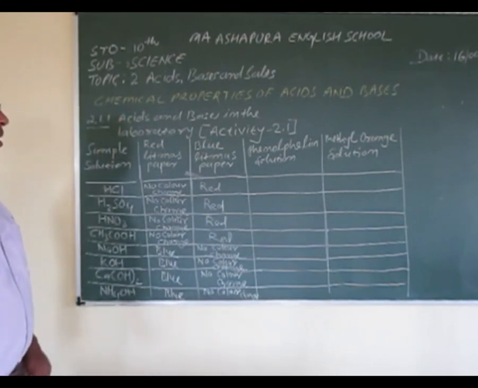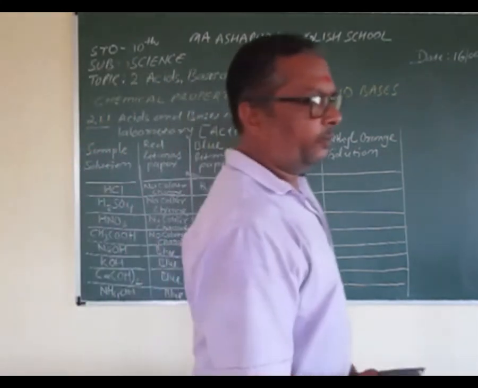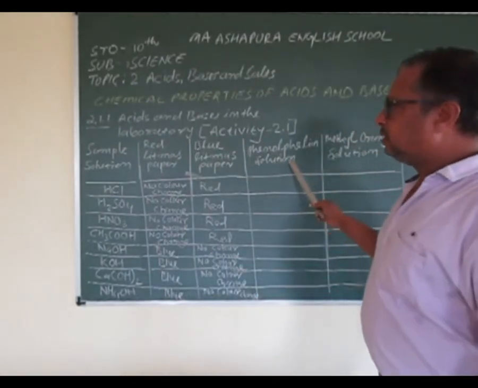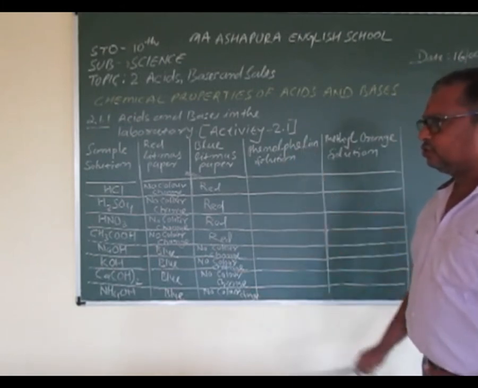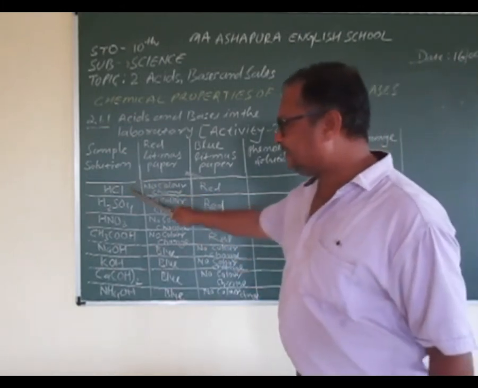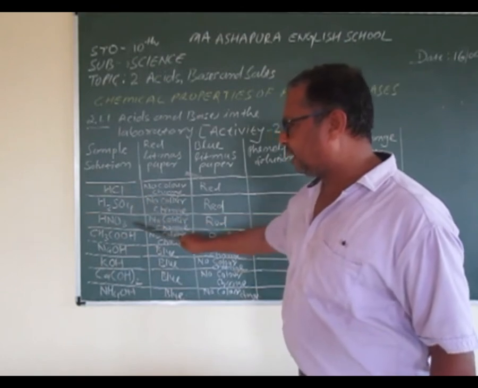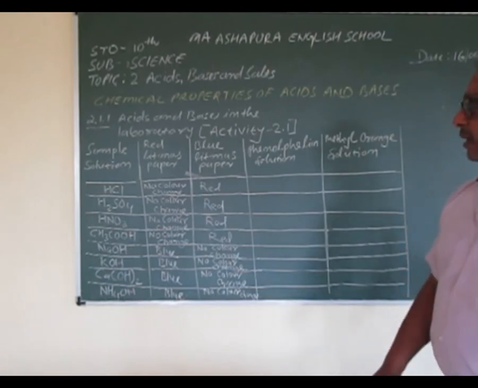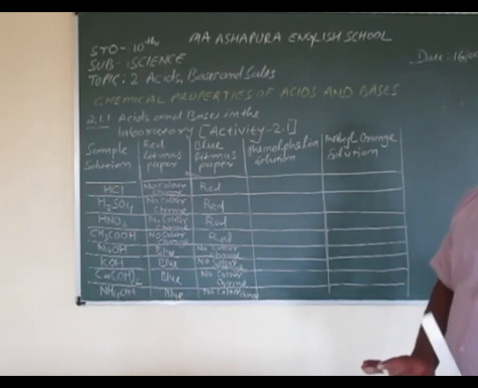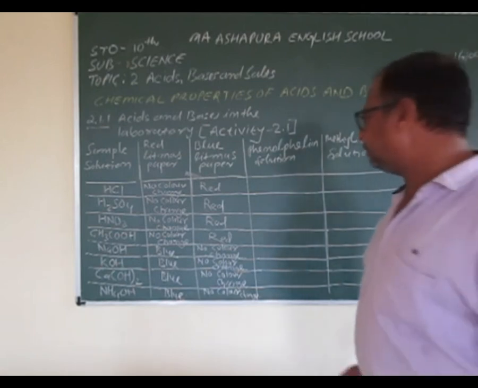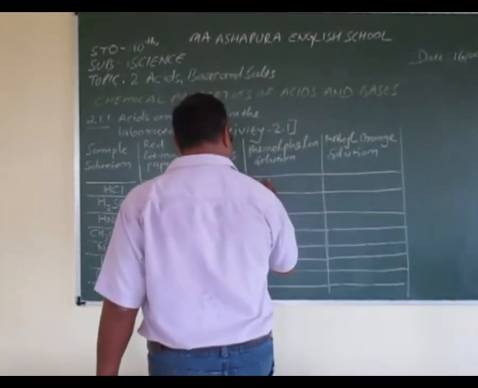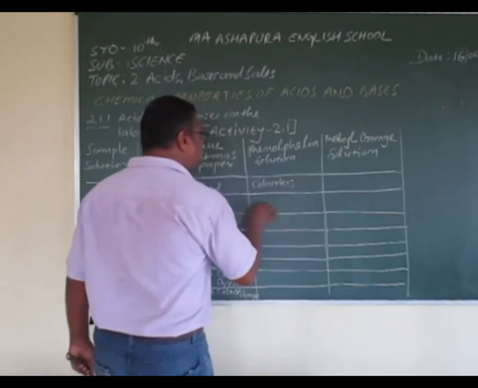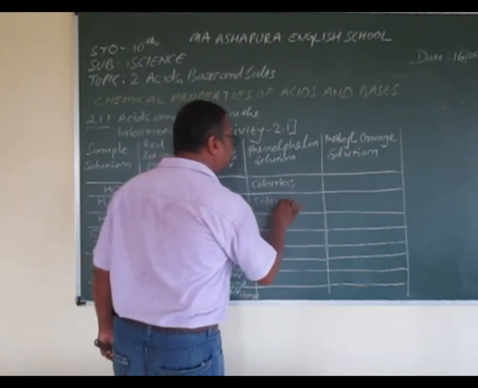Okay, now for phenolphthalein solution. When we use phenolphthalein solution as an indicator with samples of the acids like HCl, H2SO4, HNO3 or CH3COOH, meaning acetic acid, the solution is colorless, no color change occurs.